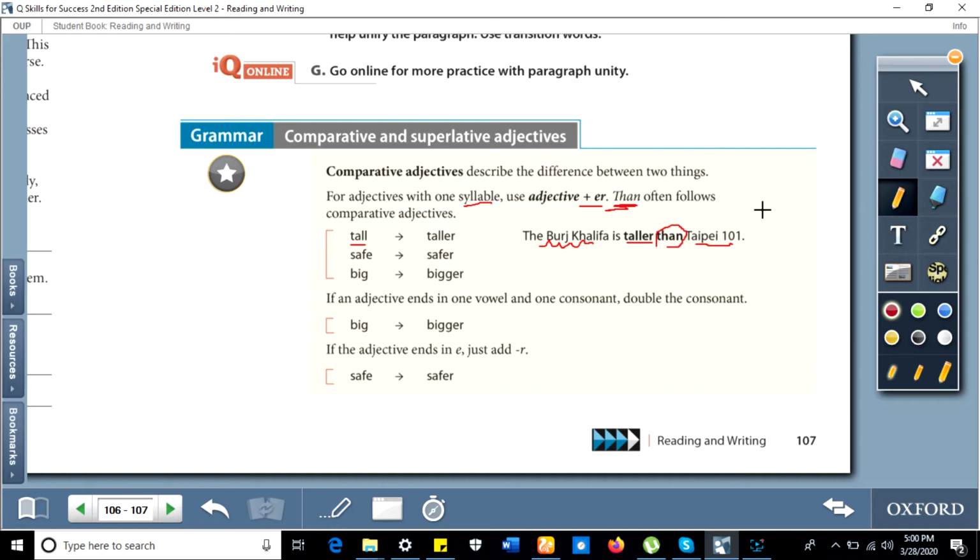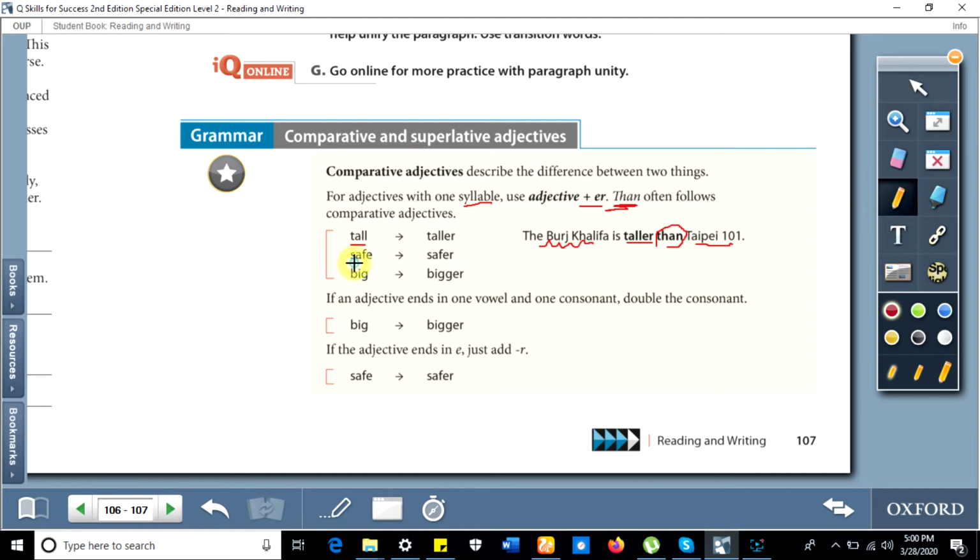So if we look here, we have only one vowel sound, so one syllable.